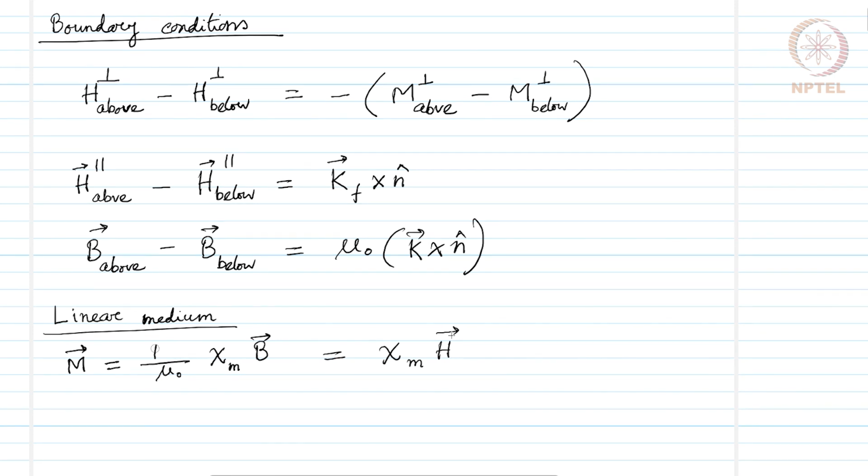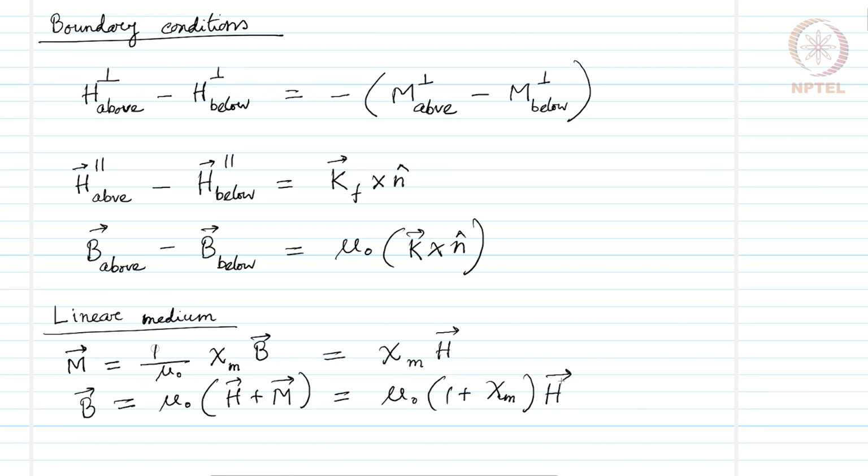So, if we write this way, then we can write the magnetic field B as mu naught times H plus the magnetic polarization, which is mu naught times 1 plus chi m times the H field.